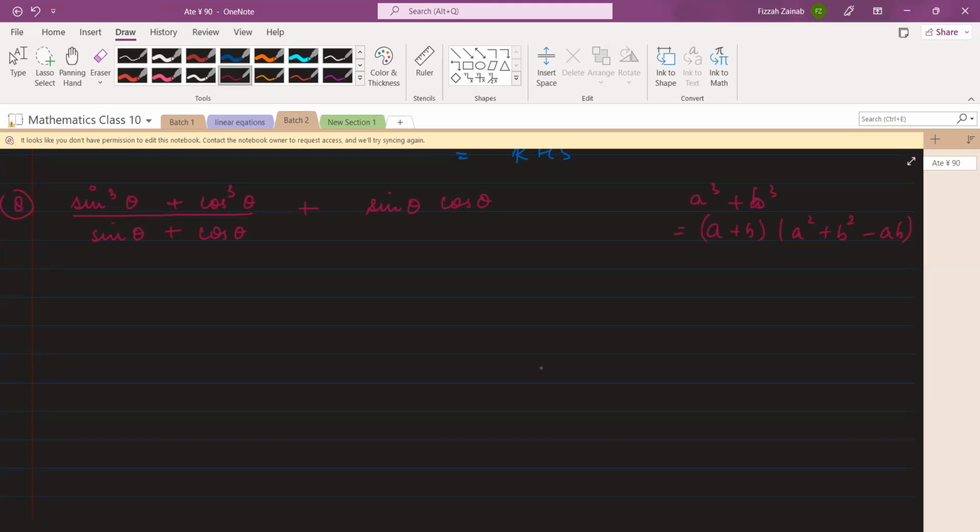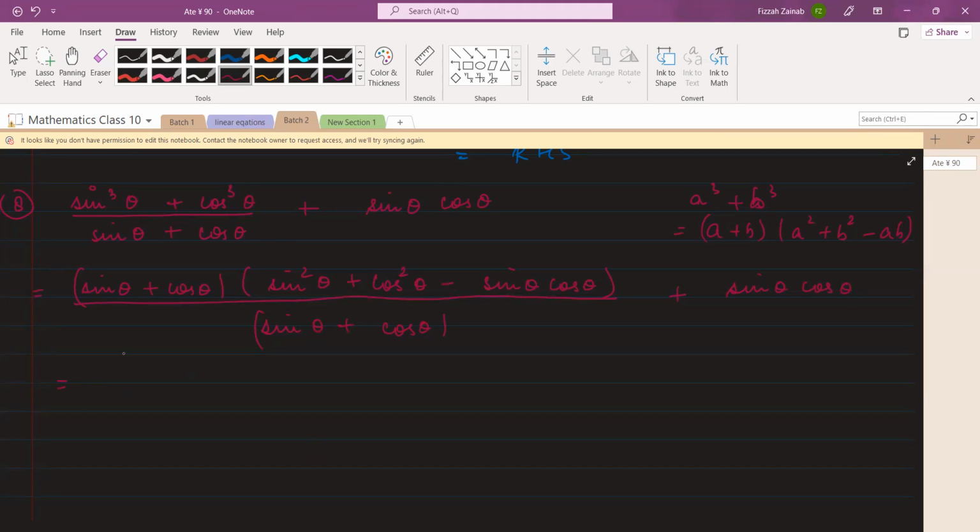So you write a plus b, that means sine theta plus cos theta, times a square plus b square minus ab, and divided by sine theta plus cos theta, and the second term, just sine theta cos theta.